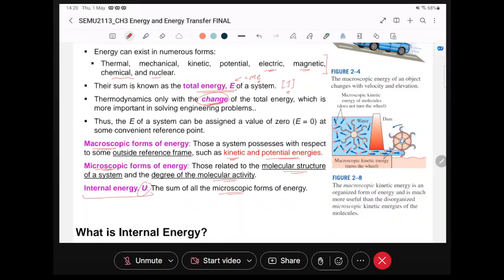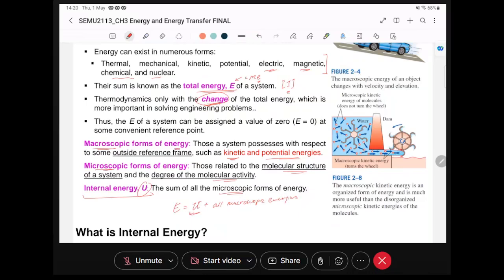We write it as U. So to put it simply, E, the total energy, is basically internal energy, which is the sum of all microscopic forms of energy, plus all the macroscopic energies.